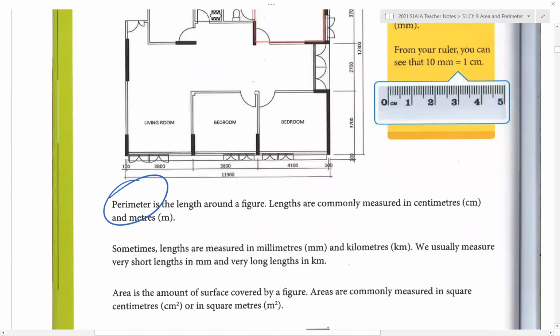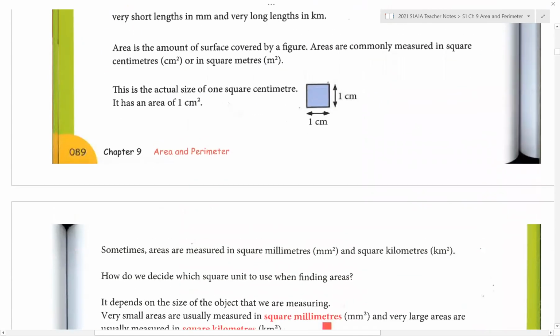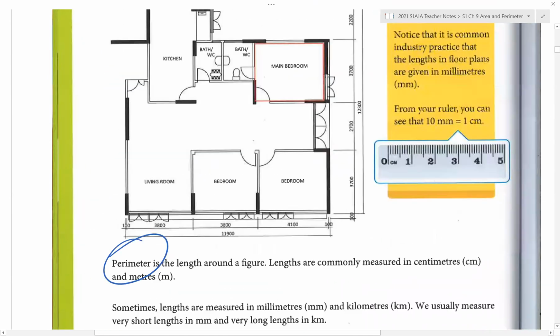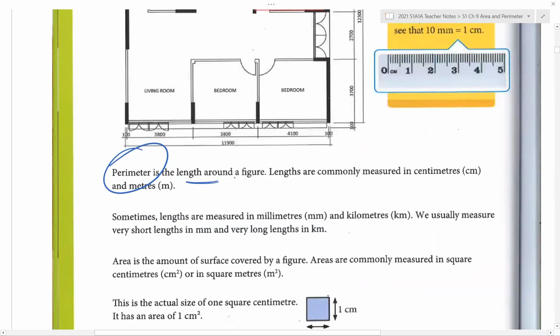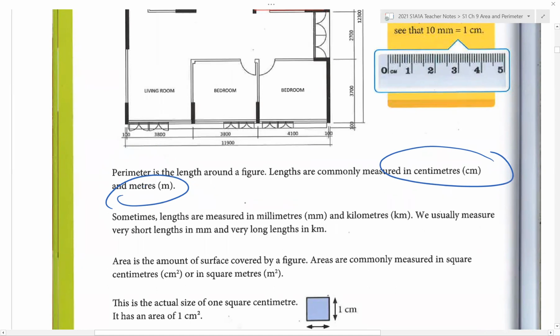So perimeter, as mentioned, this is in your textbook, page 89. Perimeter has got to do with the length, and it is measured in centimeters and meters. But do we just measure length in centimeters and meters? Janice, what do you think? Any more units?